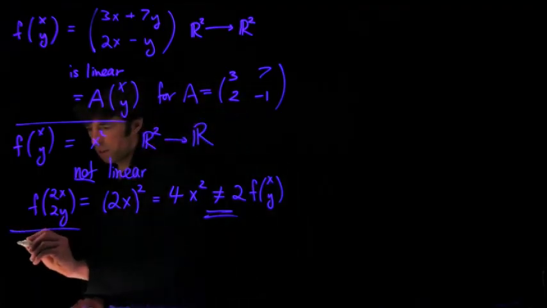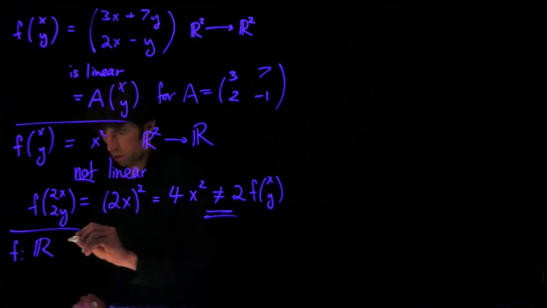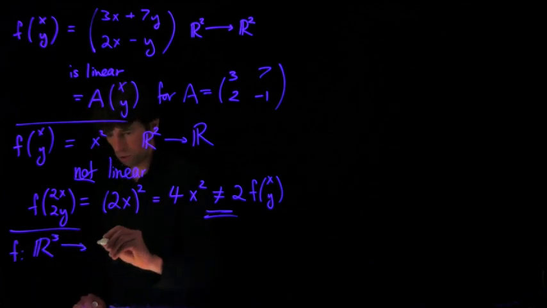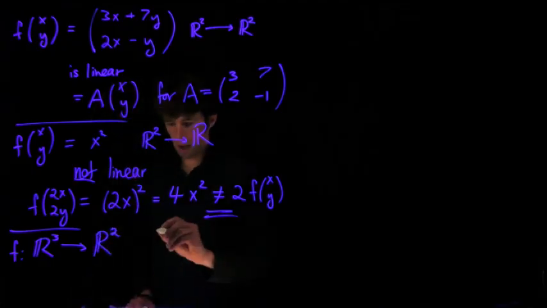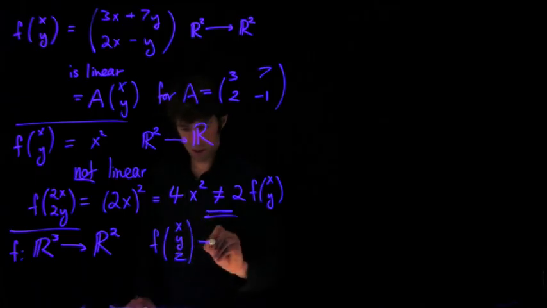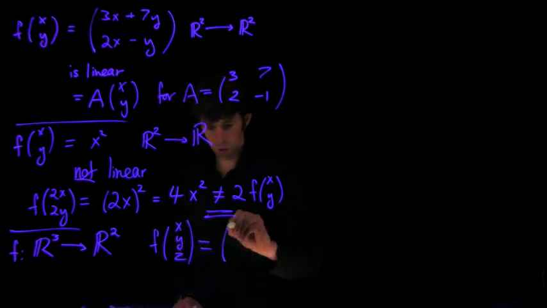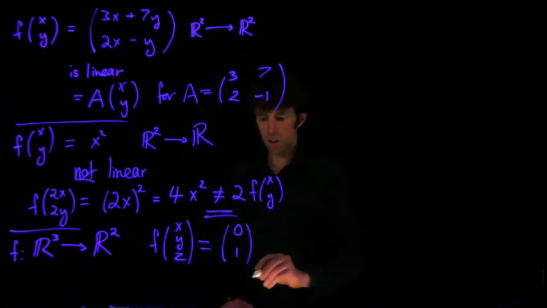Let's consider the function f that goes from R3 to R2, given by f of (x, y, z) equals (0, 1). This function is also not linear.